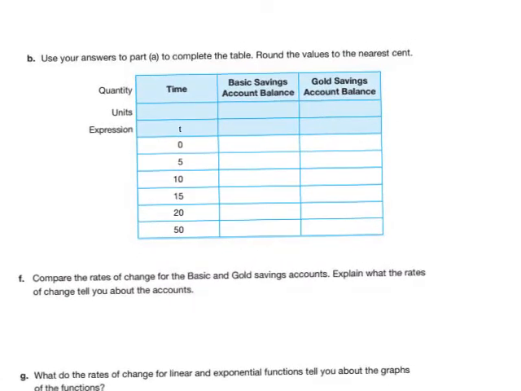All right, so for B, the units in time is years, and the units of our savings is dollars, not pesos or yen or euro.